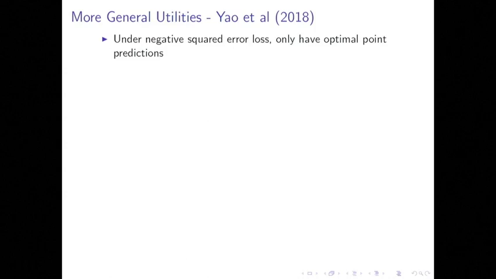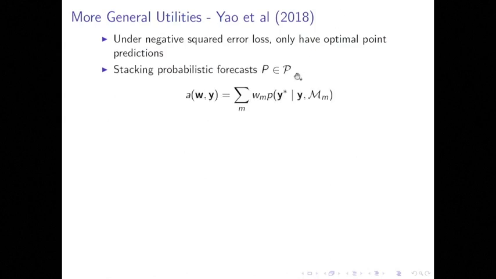So under our squared error loss, we only have optimal point predictions. Okay, so they're going to be close to that true generating process. But we might think about, again, instead of just stacking predictions, stacking probabilistic forecasts. And this also goes back to the original articles by Wolpert, in which case our action is, rather than having just the point predictions, we could actually stack distributions.